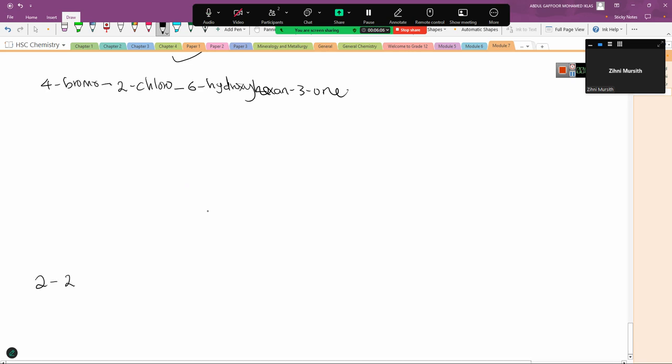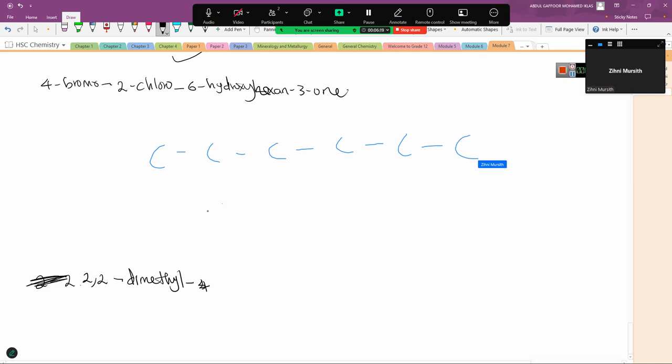Okay, so I have 6 carbons, 1, 2, 3, 4, 5, 6. Then ane means there's only a single bond. But then one means it becomes a ketone, which means you will have a C=O bond.